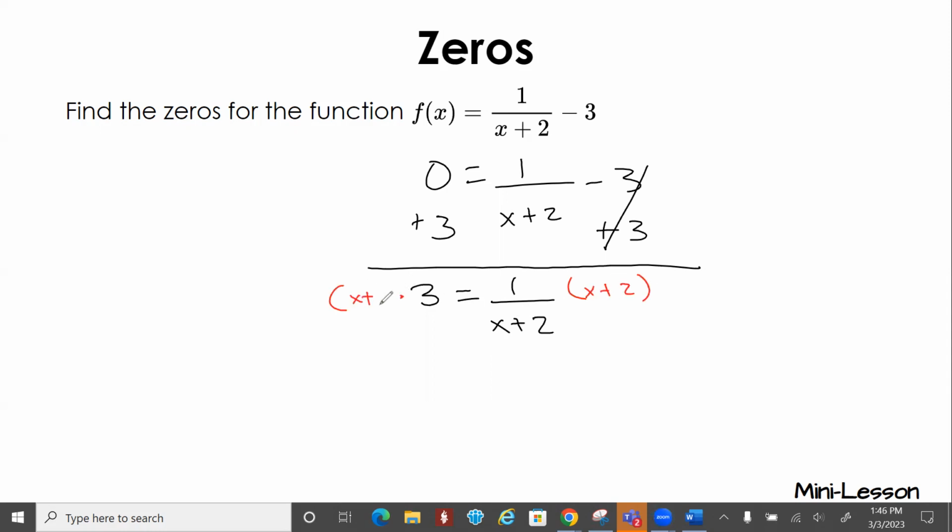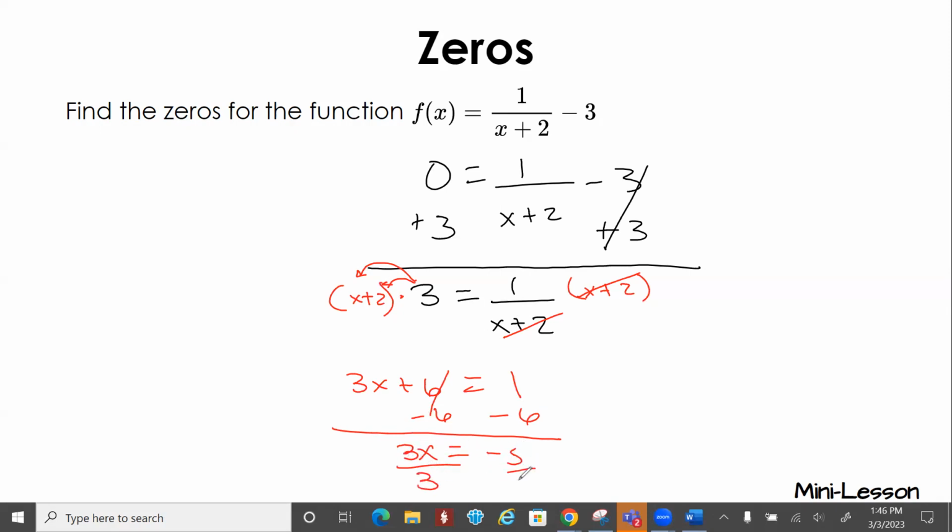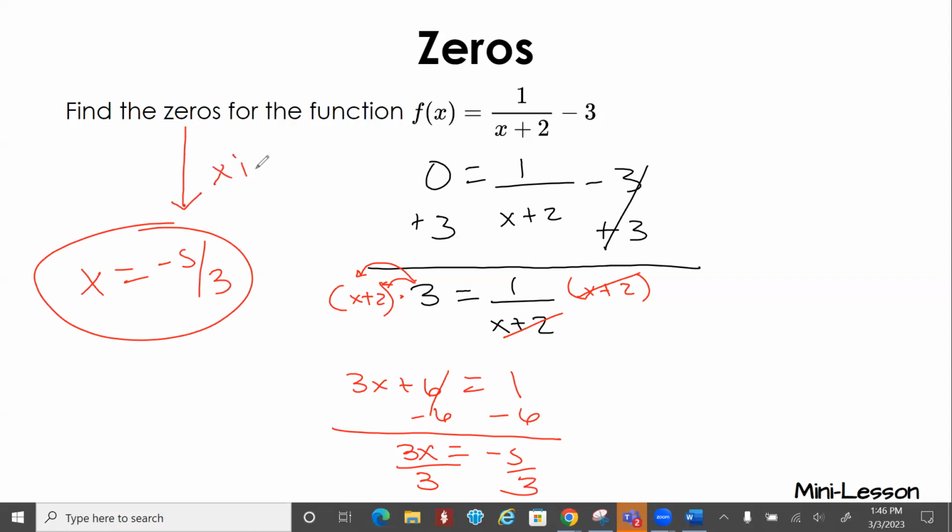So these will cancel, and I'm left with 3 times x plus 2. So that's going to give me 3x plus 6 equals 1. Now I'm going to subtract 6 and then divide by 3. So that's going to be x equals -5/3. This is telling me that there is an x-intercept at -5/3.